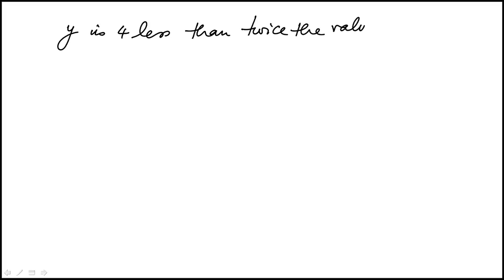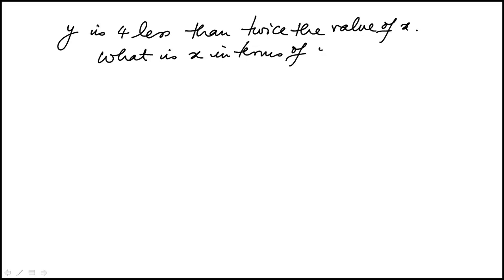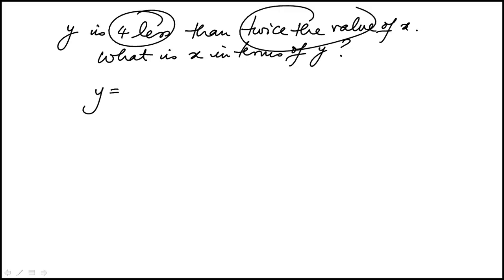An example of how this could be tested on the exam is you're given this statement, y is 4 less than twice the value of x, and the question is, what is x in terms of y? So the translation of this would be y is 4 less than twice the value of x is 2x minus 4.